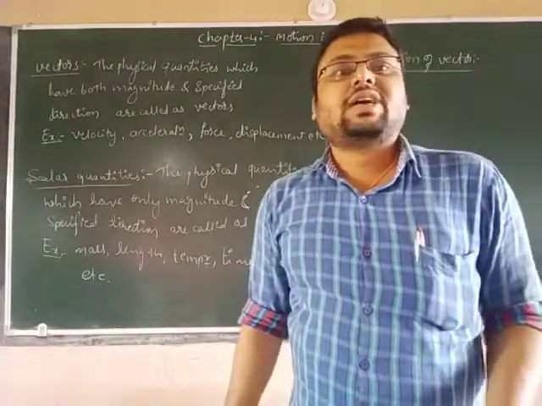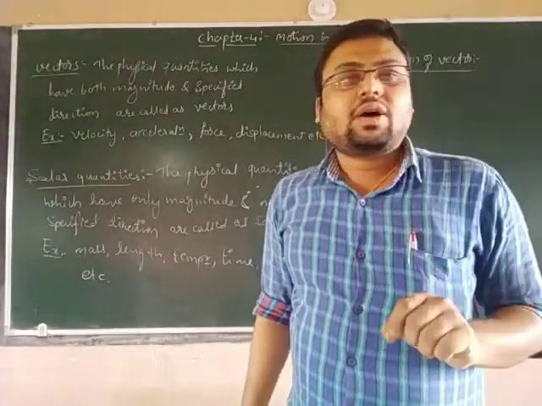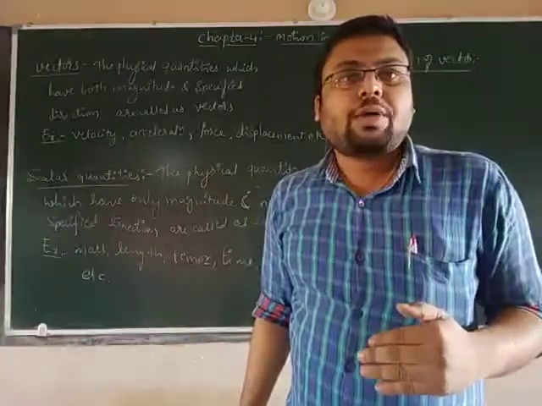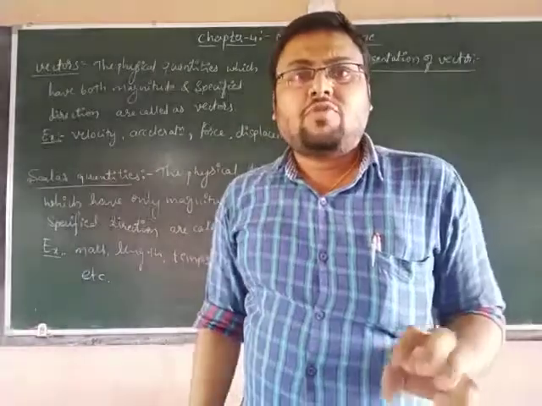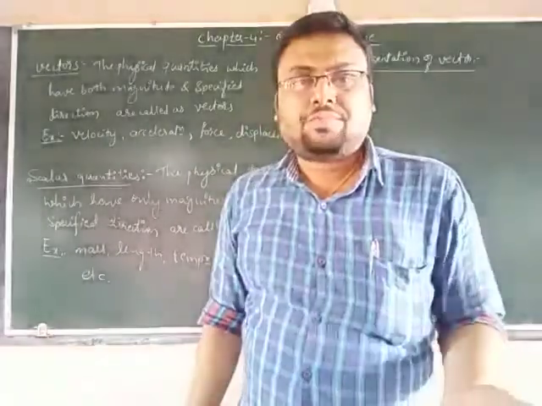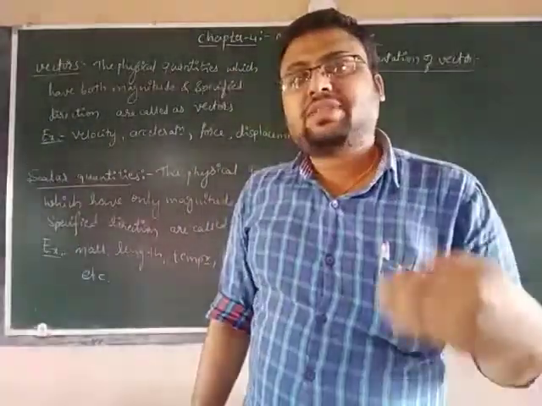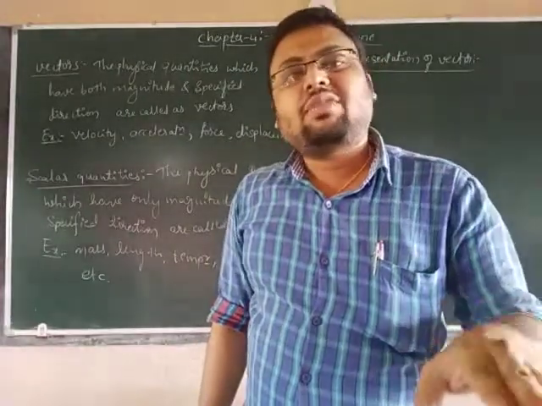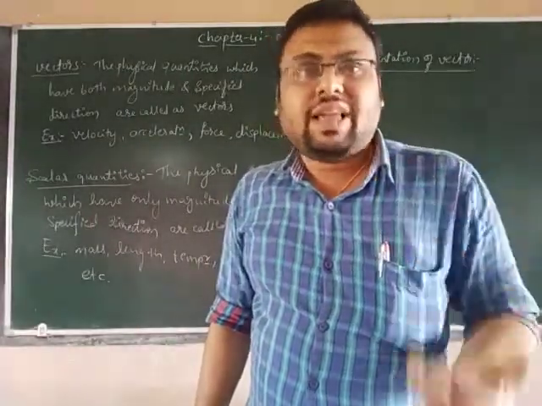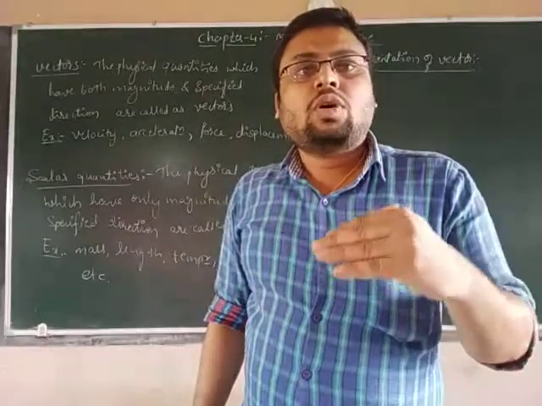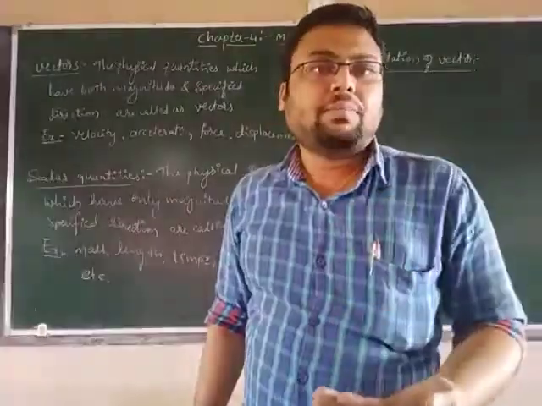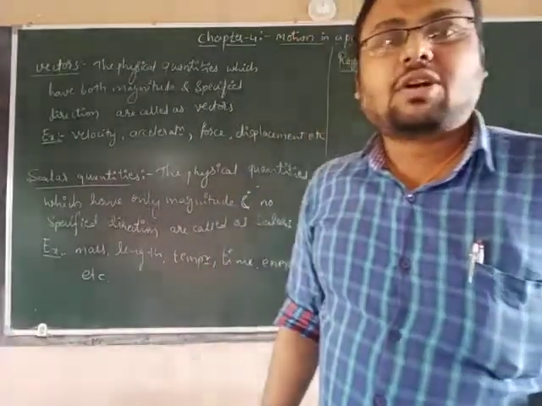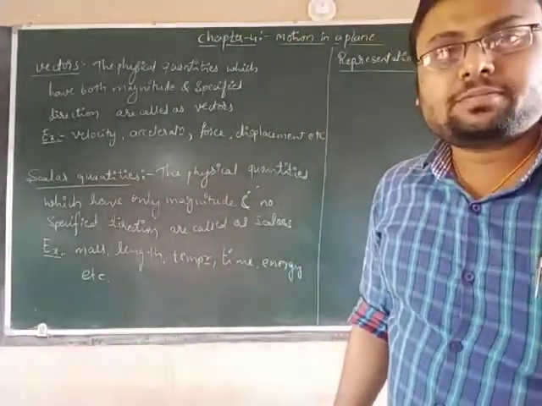A vector is represented with the help of arrow marks on the letters. Physical quantities are represented with some alphabets. Force is represented with F. Acceleration is represented with a. Velocity is represented with small v. Now, if you write an arrow mark above them, that is the representation of a vector.